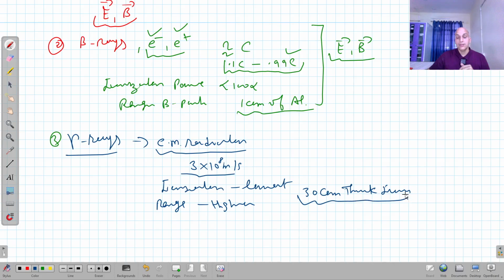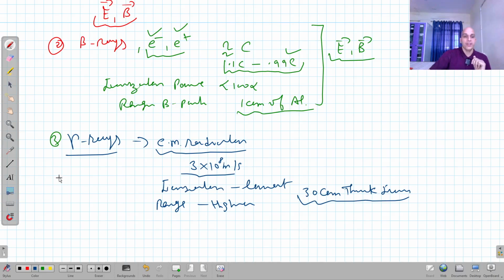Range means the distance up to which they can travel. It is highest, but ionization power is lowest. So usually a question is asked from here.